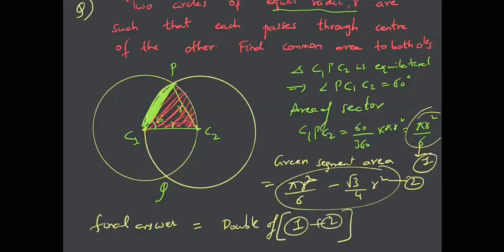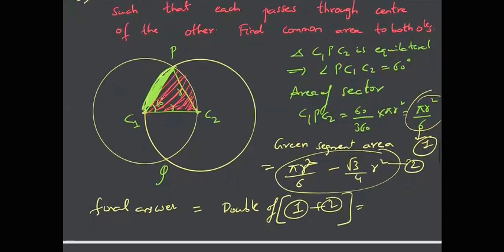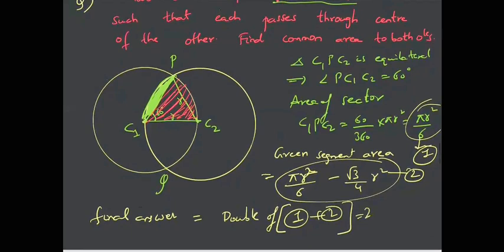Okay, so pi r square by 6 plus pi r square by 6, that is pi r square by 3, minus root 3 by 4 times r square. So this is the common area. Okay, so just copy it down quickly, then we'll move further. Quickly copy it down.